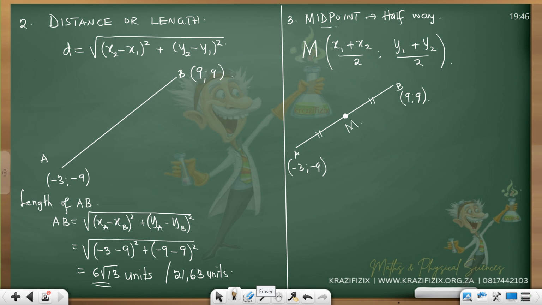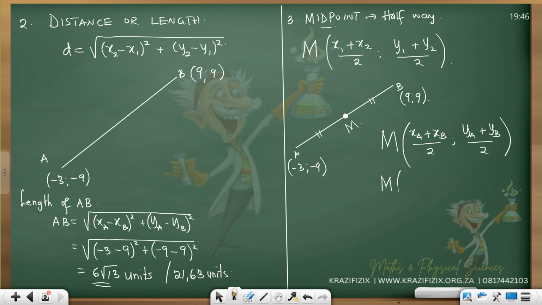All right, Tariq is giving me 3 and 0, which I think is correct. So M is different from gradient. This is capital M. All right, no equal sign. (XA plus XB) over 2, (YA plus YB) over 2.